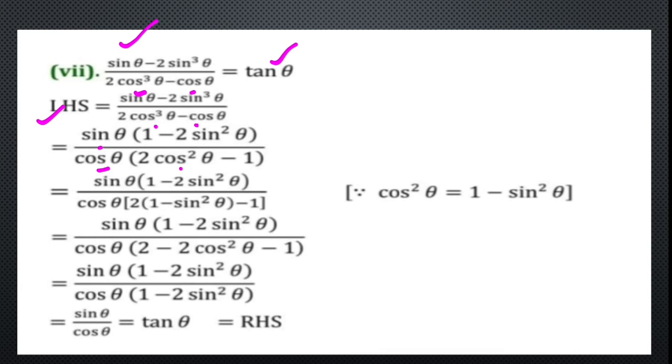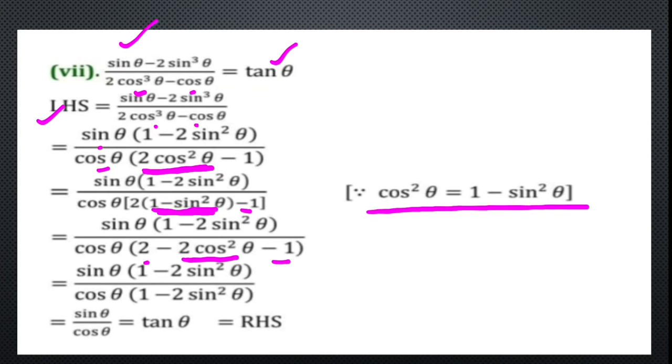Now this 2 cos square theta, you know from the first identity that cos square theta can be written as 1 minus sin square theta. So in place of cos square theta I am writing 1 minus sin square theta. Now multiply these terms with 2, it will be 2 into 2 minus cos square theta minus 1.